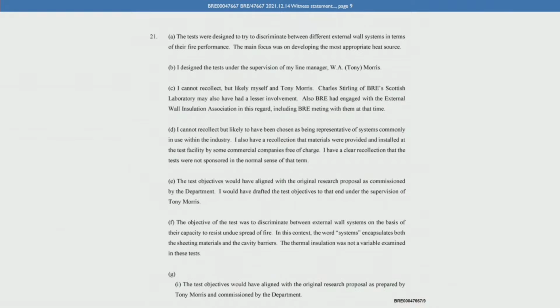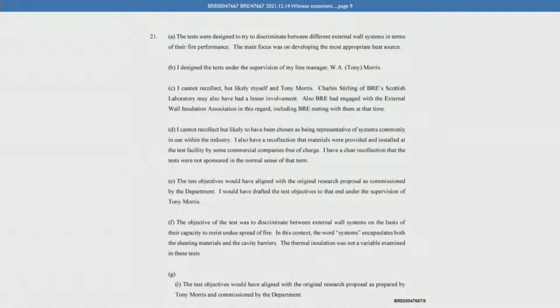Now, if we stick with his report, please, and go to page 9, paragraph 21, he says at A on that page, the tests were designed to try to discriminate between different external wall systems in terms of their fire performance. The main focus was on developing the most appropriate heat source.